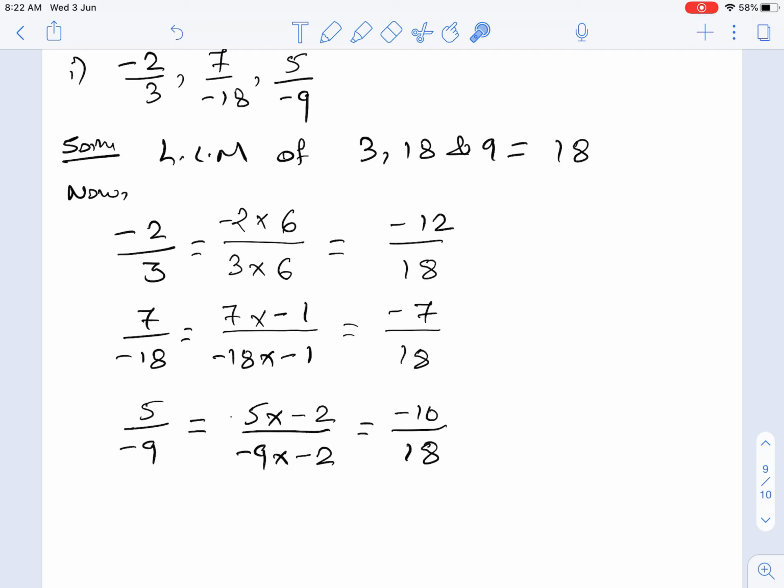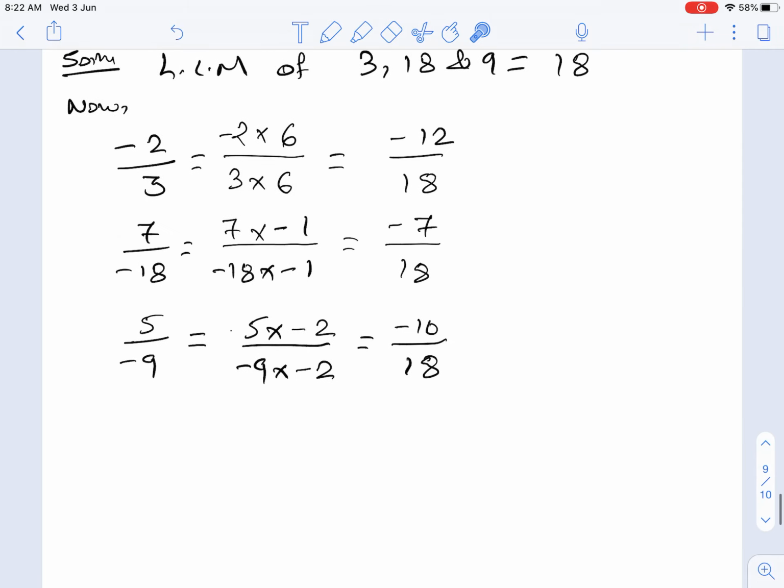As these three numbers have the same denominator, now we can easily compare them. It can be seen that each of them has a negative sign, so you have to find the smallest number. Among these three you can see that the smallest number is minus 12.